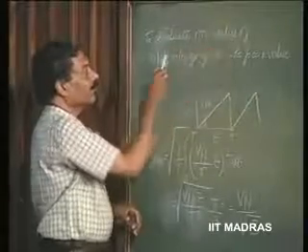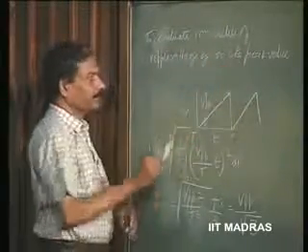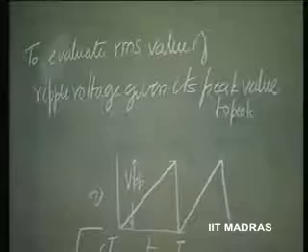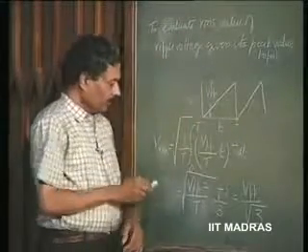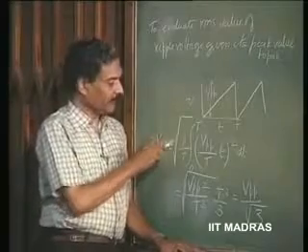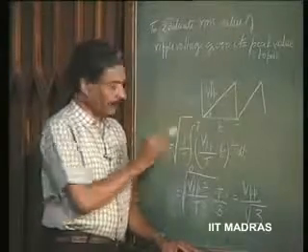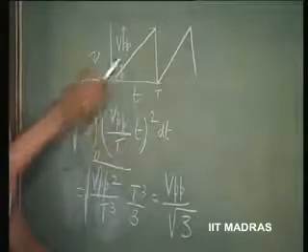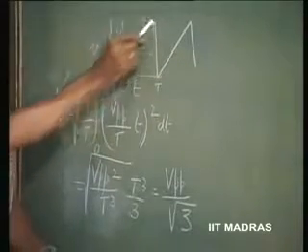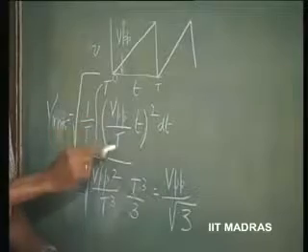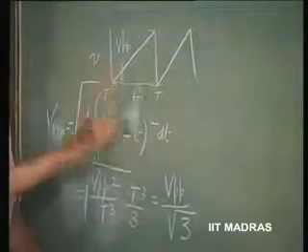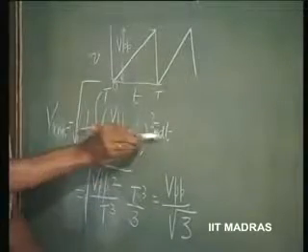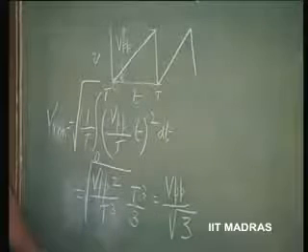To evaluate the RMS value of the ripple voltage given its peak to peak value, the RMS value by definition is the square root of the average, 1 over T, integral from 0 to T. The waveform here is VPP by T into T, that is the slope into T, squared. So, this is the integral you have to solve.